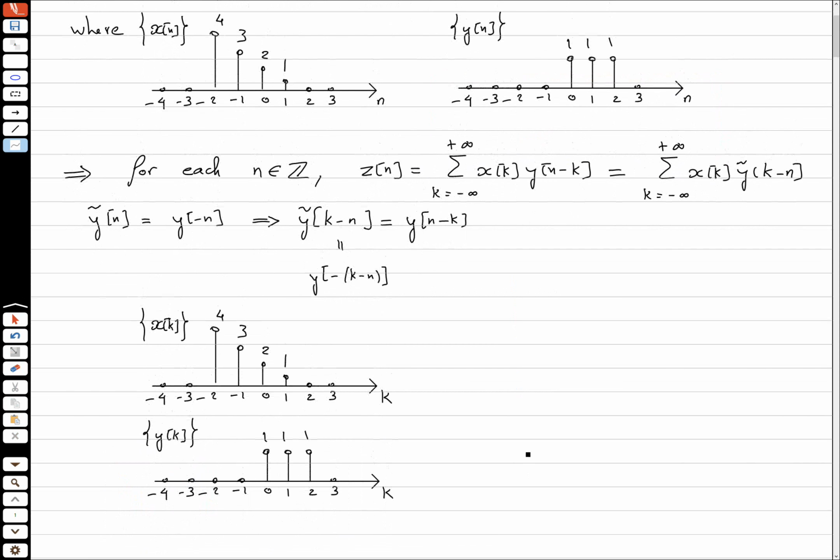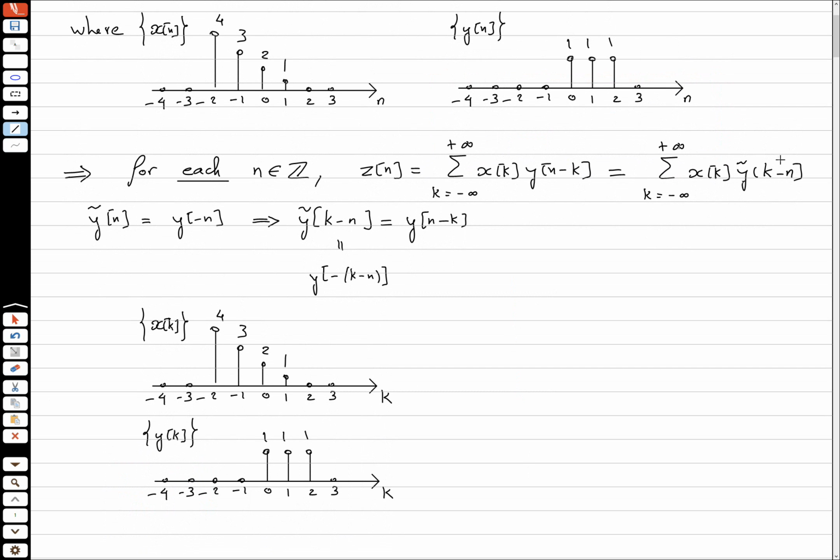The reason I call them k is because in this operation you can see k is the variable. Meanwhile, n, you see I said each. That means you want to calculate z of n for each n, for any given n. So n is fixed, but k is a variable you have to vary from minus infinity to plus infinity.